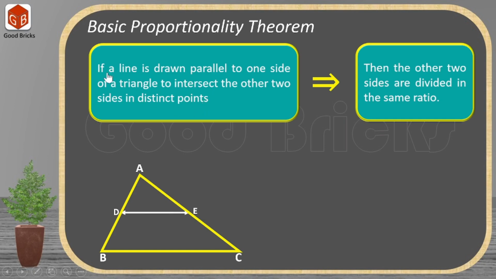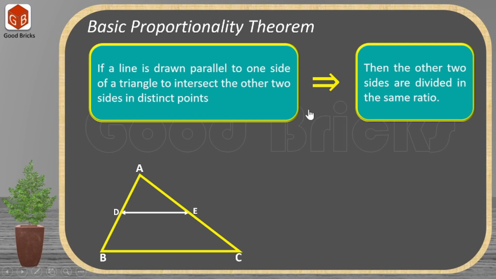If a line is drawn, means DE is drawn, how? Parallel to whom? One side of a triangle. So which side have we drawn? BC side. If we draw DE parallel to BC, then what happens?